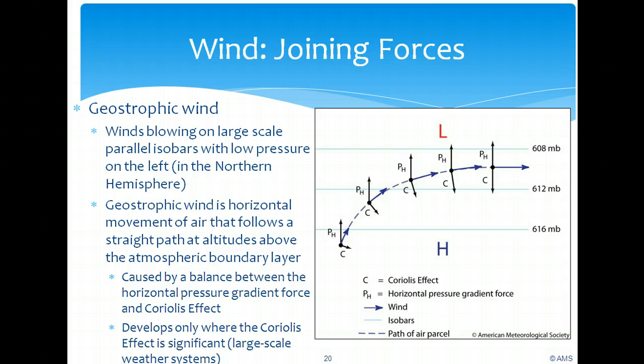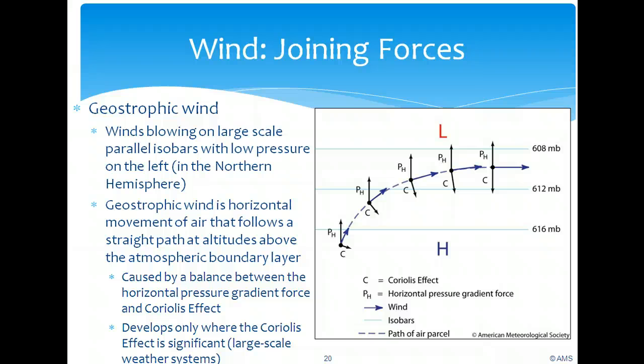The geostrophic wind model is an unaccelerated horizontal movement of air that follows a straight path at altitudes above the atmospheric boundary layer. It results from a balance between the horizontal air pressure gradient force and the Coriolis effect. The Coriolis effect is significant only, again, in broad-scale circulation, so the geostrophic wind develops only in large-scale weather systems.